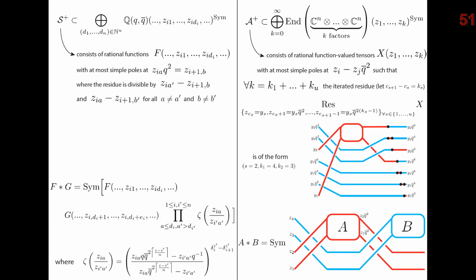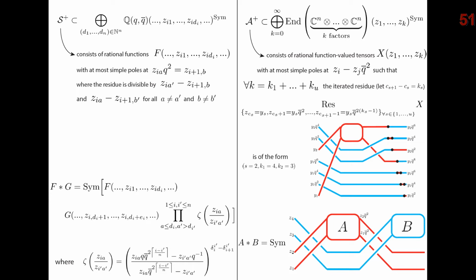So I first have to explain what kind of residue we're taking, and then I will explain what this picture means. The residue we're taking is when we break up the set of variables z1 through zk into a disjoint set of chunks of cardinality k1, k2, ..., ku, and we take the iterated residue where the variables in each chunk are specialized to a geometric progression of ratio q bar squared.